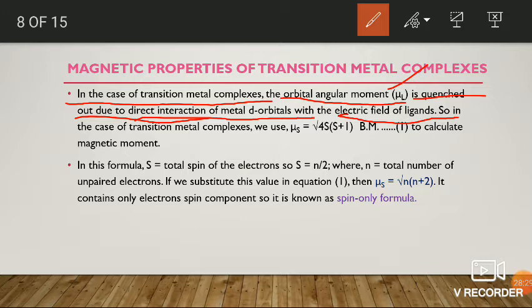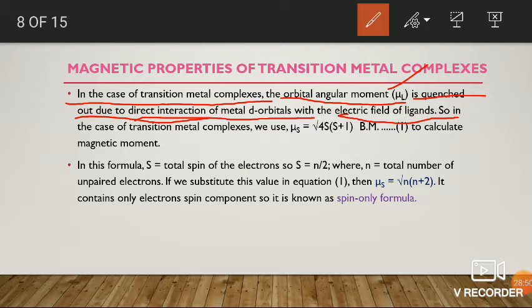So there is no quenching of orbital angular momentum in the case of inner transition metal complexes, or f block element complexes, whether lanthanide or actinide. Okay, fine.